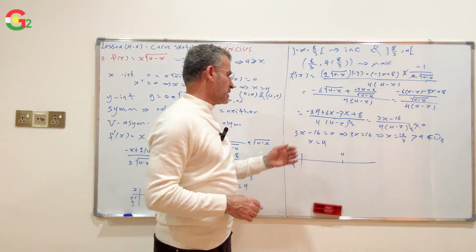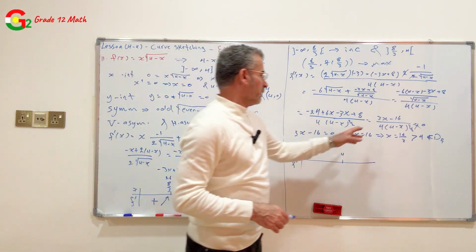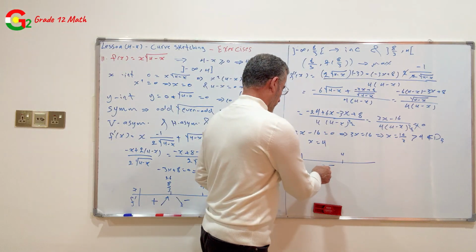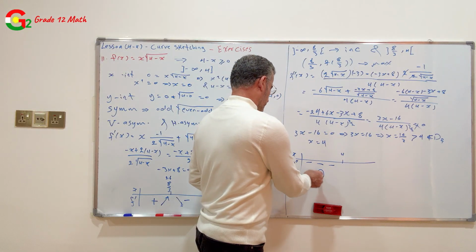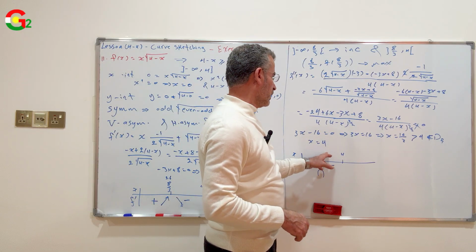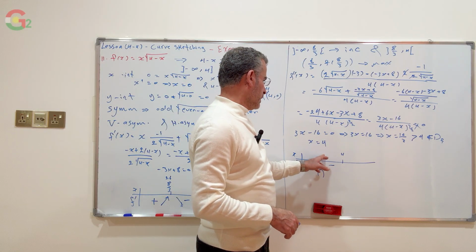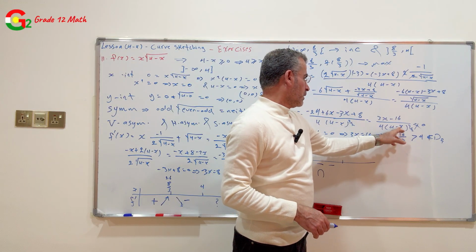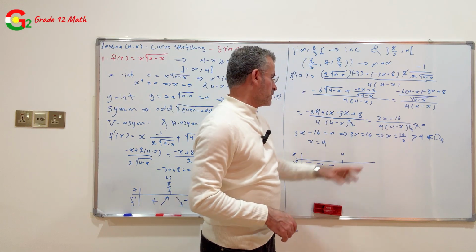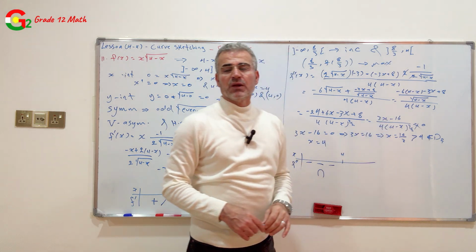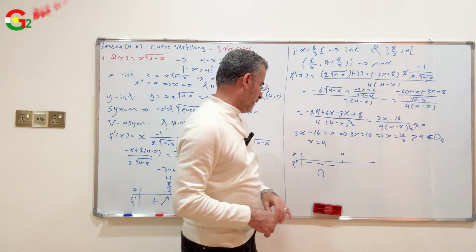When x is less than 4, the function is always negative. Therefore, the function is concave down, because if we take 3, 4 minus 3, 1, 1 to any power is 1, the denominator is 4, 3 times 1, 3 minus 16 is a negative value.